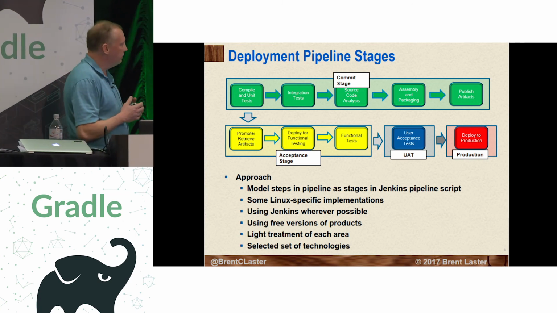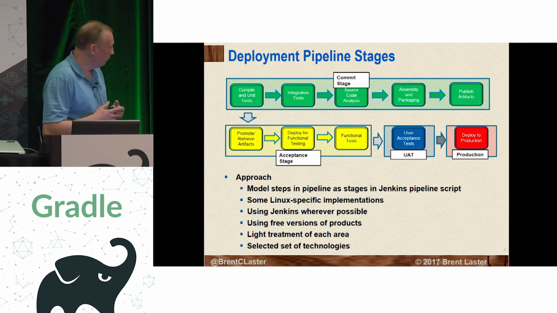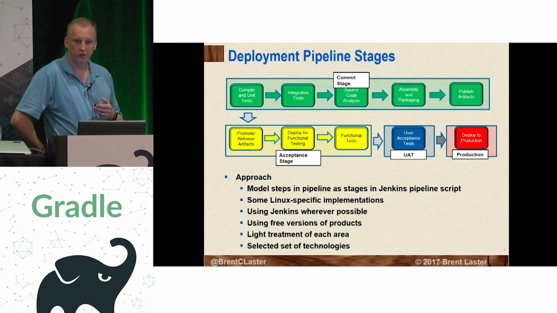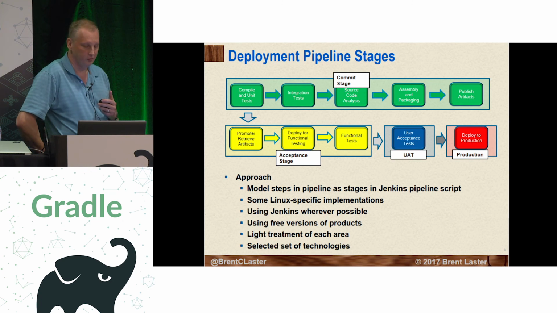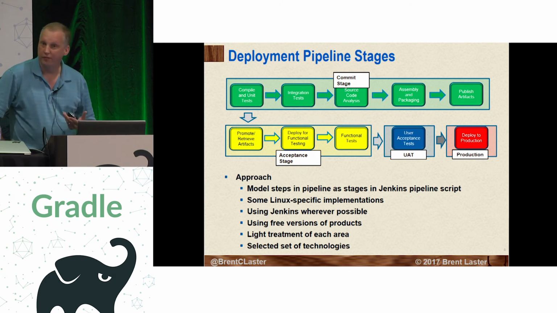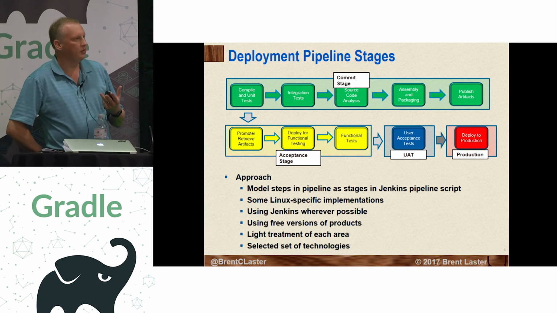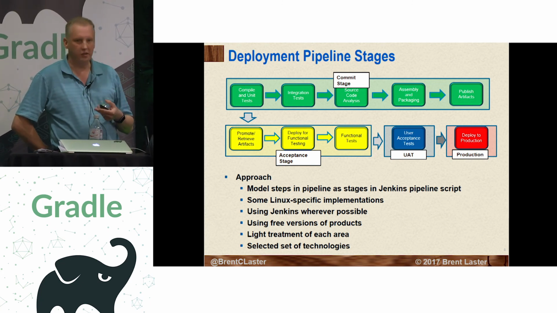The compile and unit test, we'll actually split those out because we'll show you how to do unit testing using parallel functionality in Jenkins 2. Integration test, we'll see how to use integration testing. We'll use Gradle source sets that have been moved over from using just the basic testing source sets into some integration testing source sets.